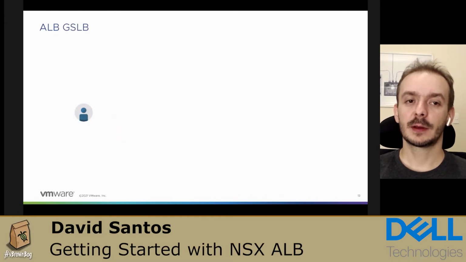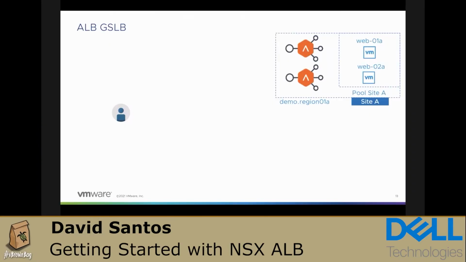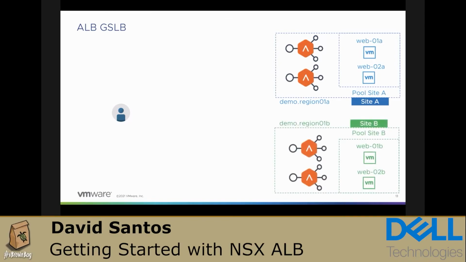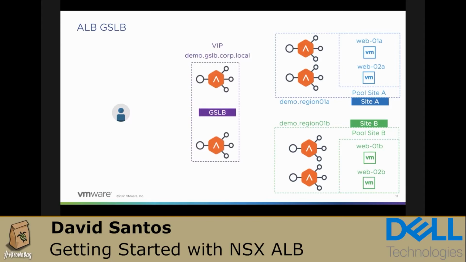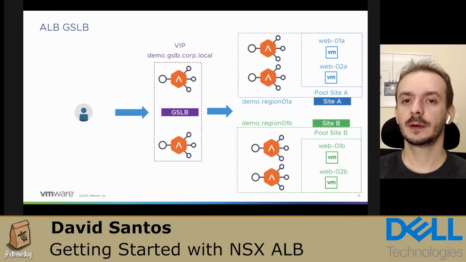The next step is the global server load balancer test. So we have already our demo application at site A, and also there's a demo application at site B. And we're going to configure a GSLB service at the URL demo.gslb.corp.local and do some load balance tests across sites.